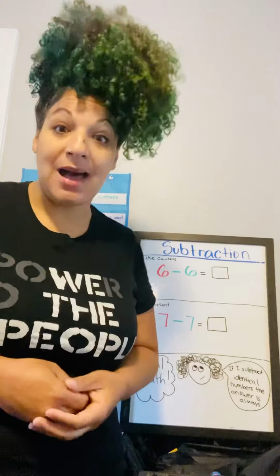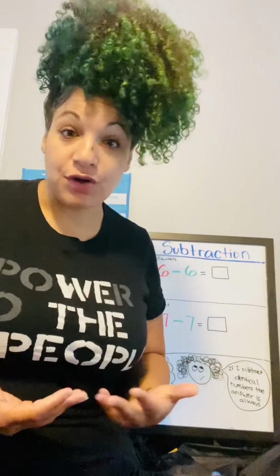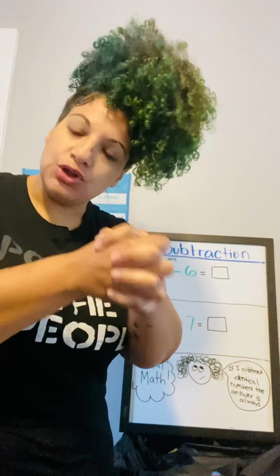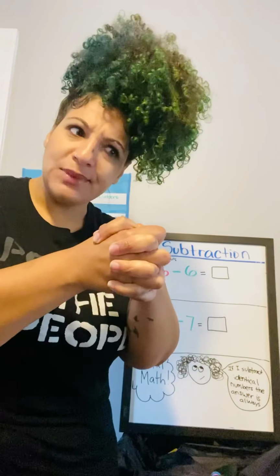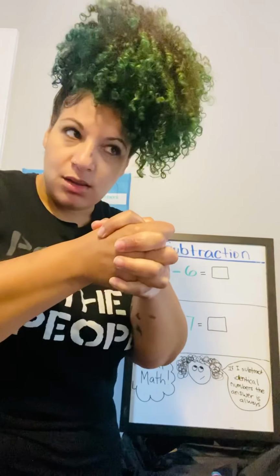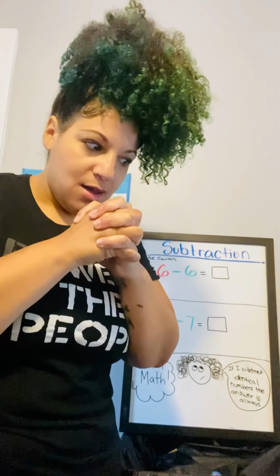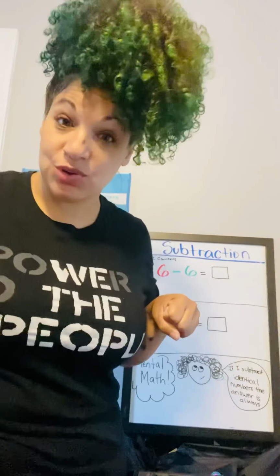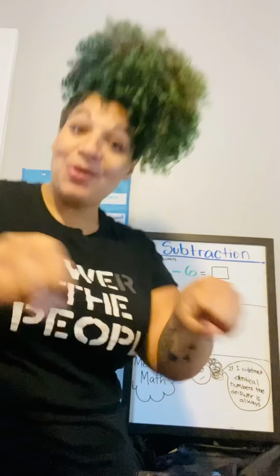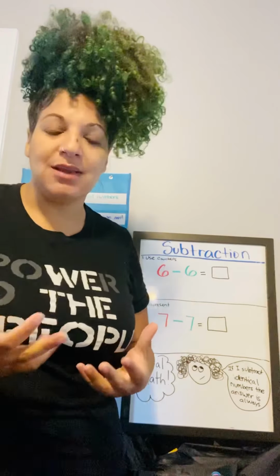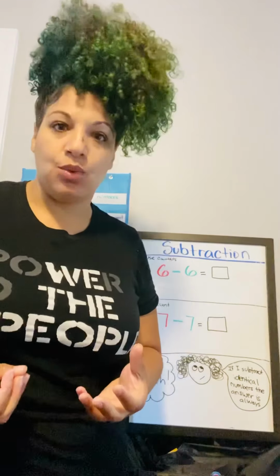Inverse means opposite. So in addition, we joined two numbers together. What is the opposite of joining? Let me think. The opposite of joining must be to take away. Exactly. So subtraction is the action of taking an amount away.